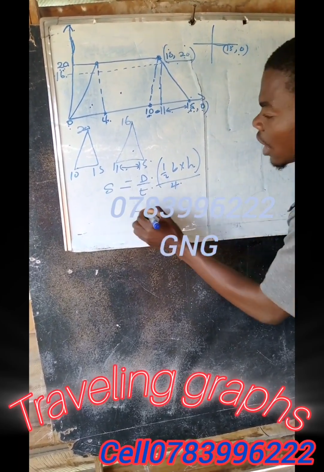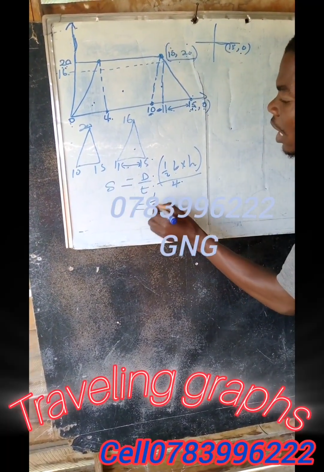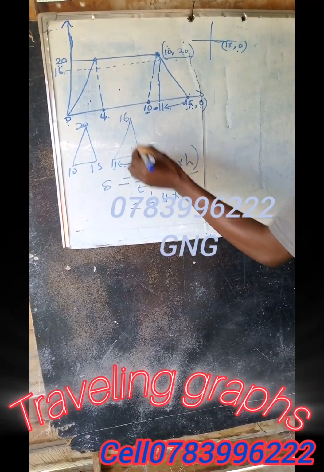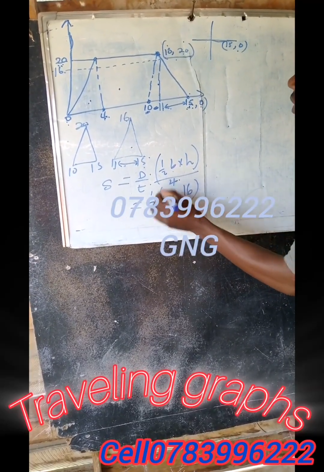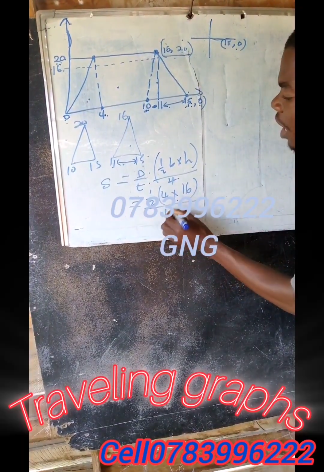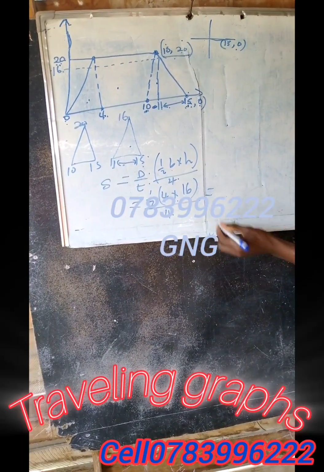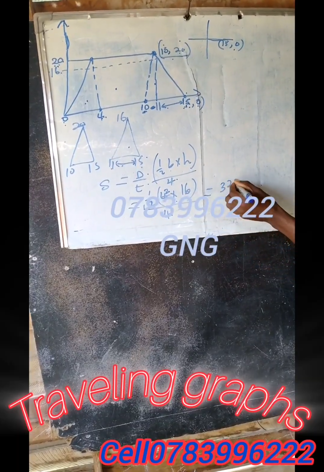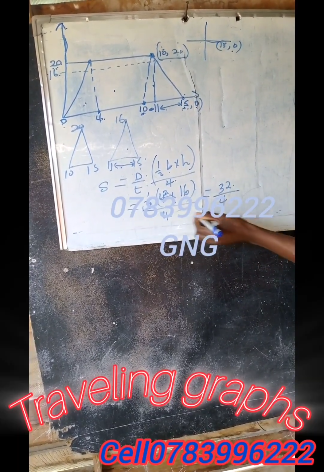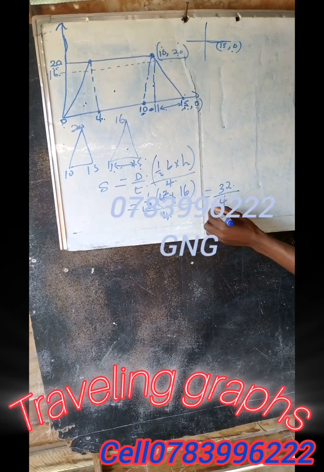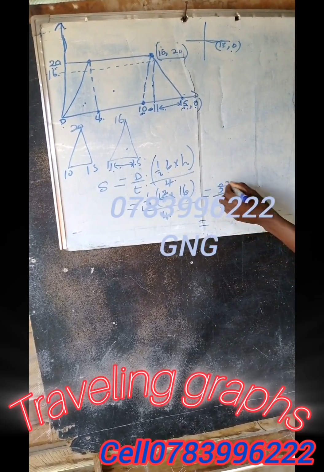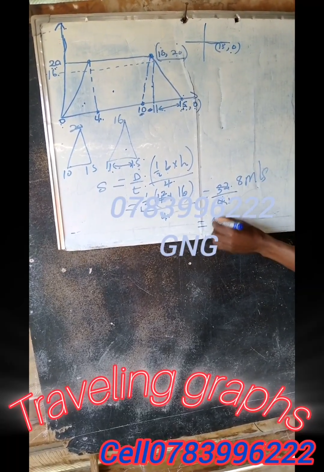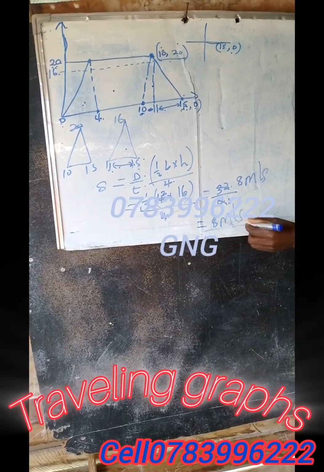The base runs from 11 to 15, it's 4, times height 16, over 4. So half times 4 times 16 is 32, over 4, where 4 is for 4 seconds. So 32 over 4 is 8 meters per second. So the average speed is 8 meters per second.